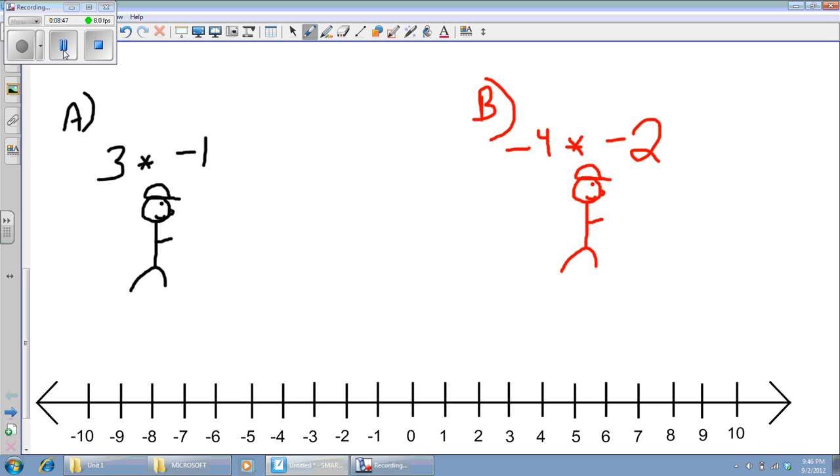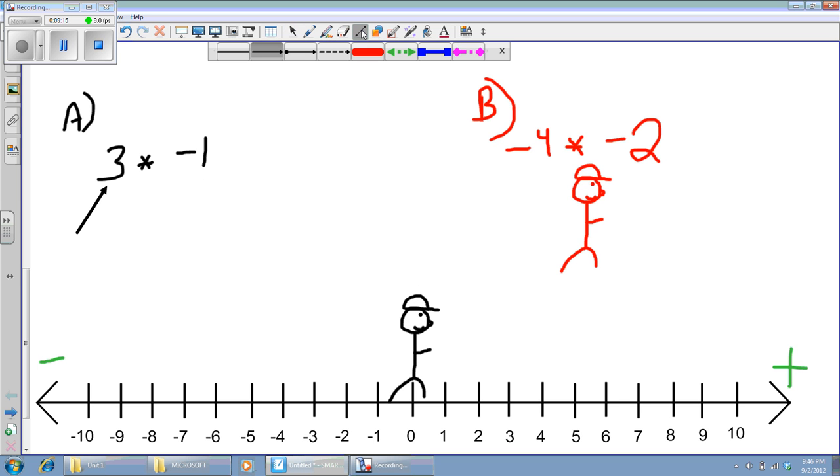Okay, if you're still watching, I suppose you want to see my solution. Here's what I'm going to do. Let's see, this first number here is positive, right? There's a +3. So I need Bobby facing the positive numbers, and I do recall that the positives are over here. My negatives over here. So I look at Bobby, he's facing the right way. So I'm going to move him to 0, my starting place.